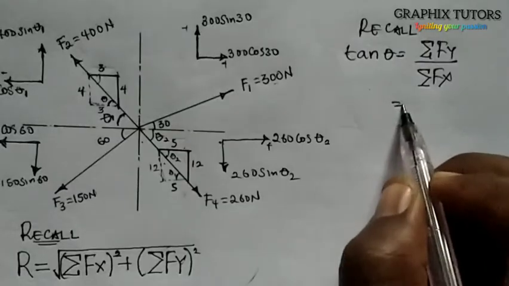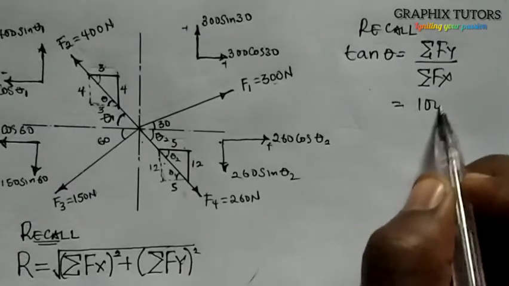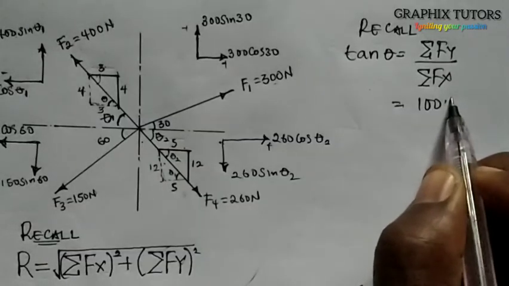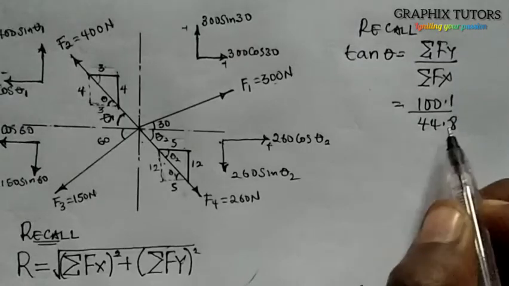Fy we have is 100.1 all over Fx we have is 44.8.